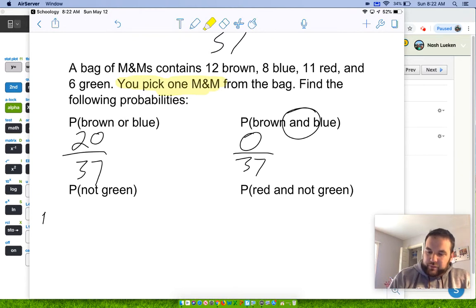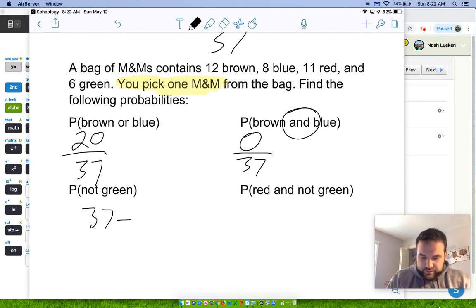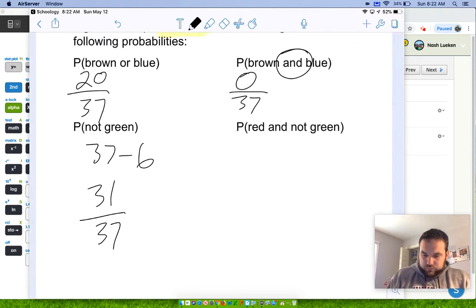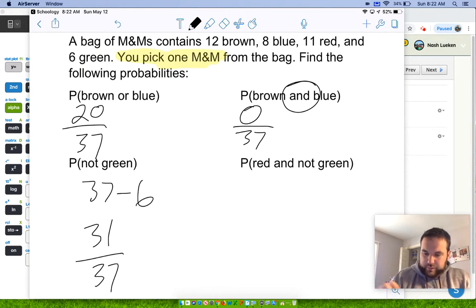What's the probability I pick one that's not green? Well, there's 37 total in the bag. 6 of them are green. So that means 31 would fit my description of being not green. So 31 out of 37. What's the probability that I pick an M&M that is red and not green?